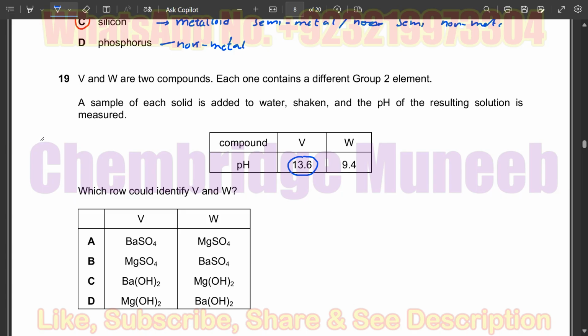So going down the group, the hydroxide solubility increases. Down the group, its solubility increases.